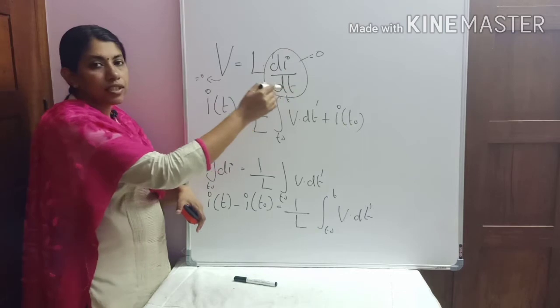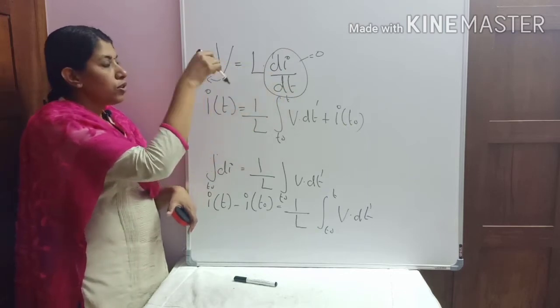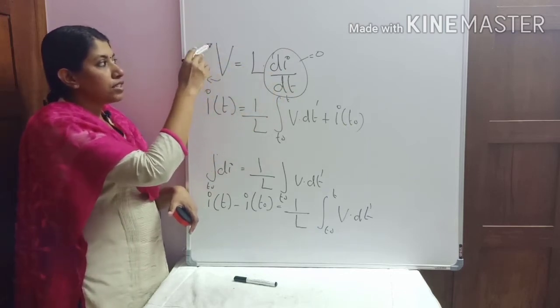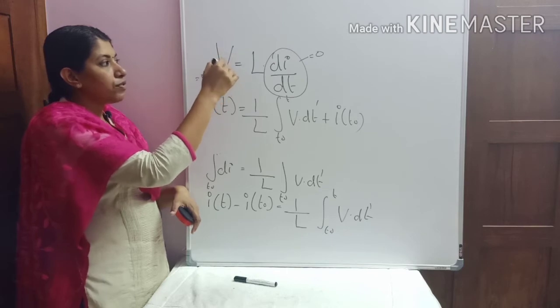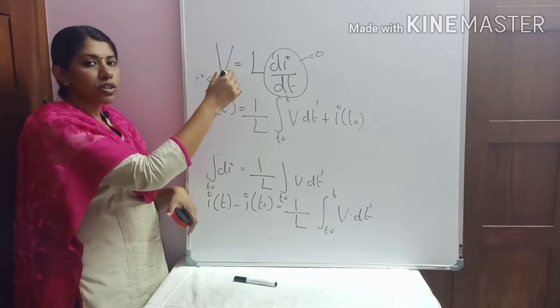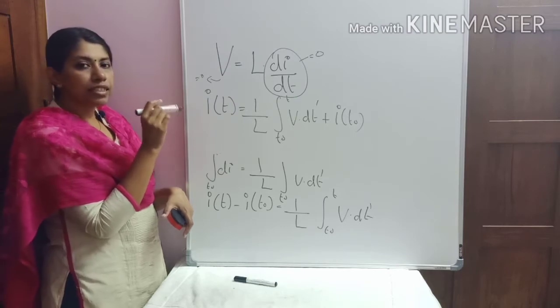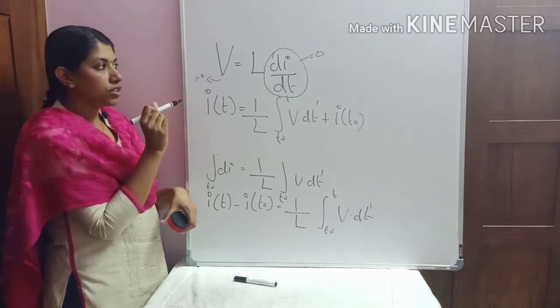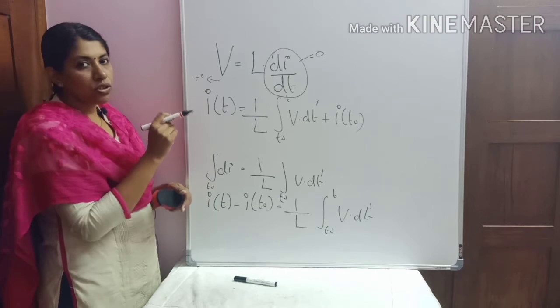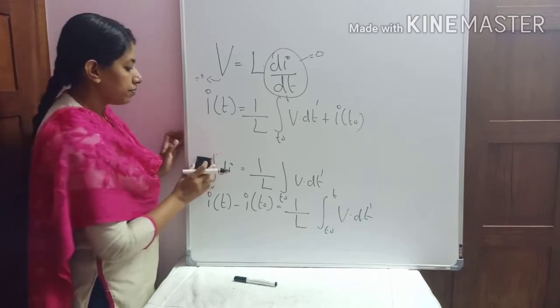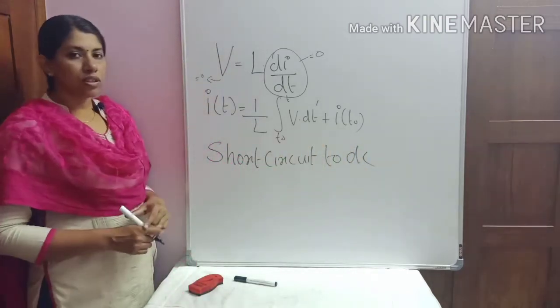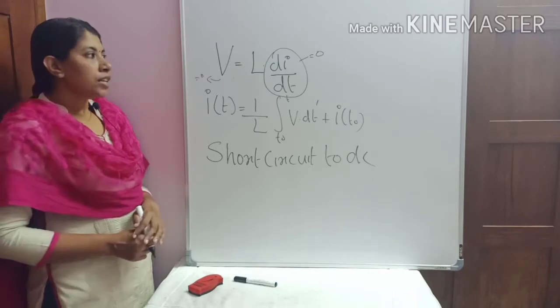Change in the current is 0 means it's a DC current. So for DC current, V is equal to 0 means what? Short circuit. Therefore we should see it like that: inductor acts as a short circuit to DC current.